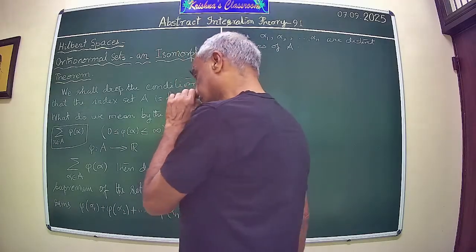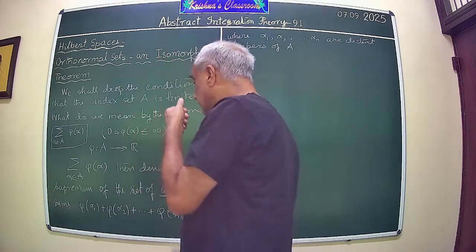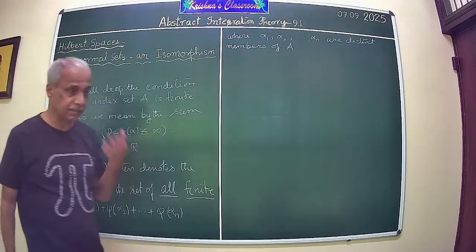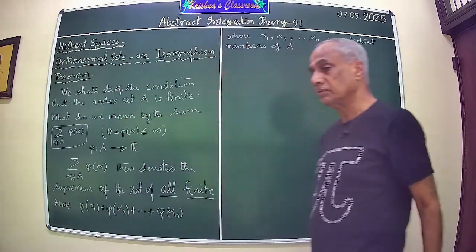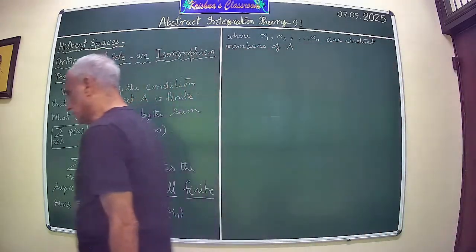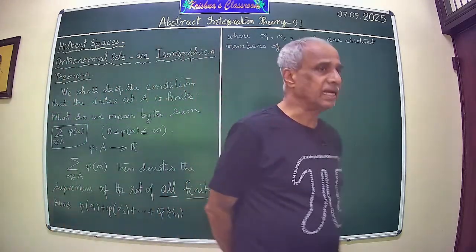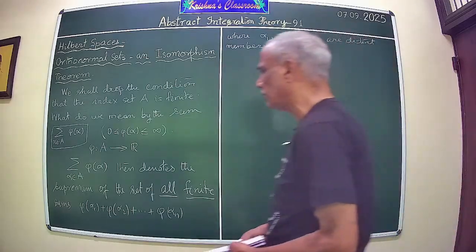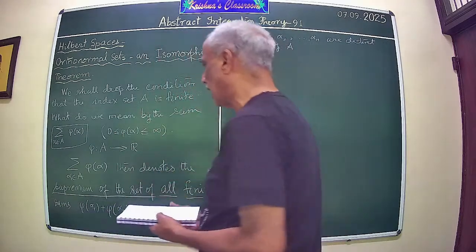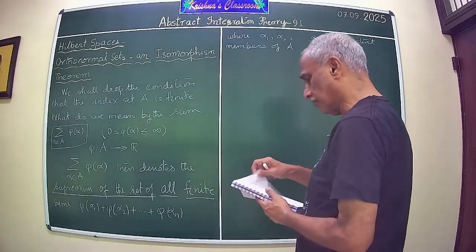But otherwise, it may be the situation that all these finite partial sums that you take are finite and bounded so that the supremum exists. And if that is so, that supremum is what you call the sum over alpha belonging to A of phi alpha. So that's the meaning to it. So we have fixed the meaning now.